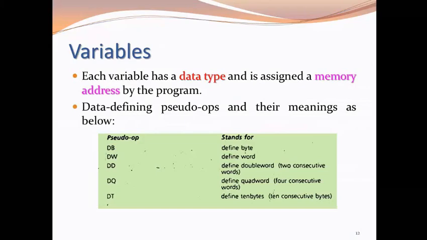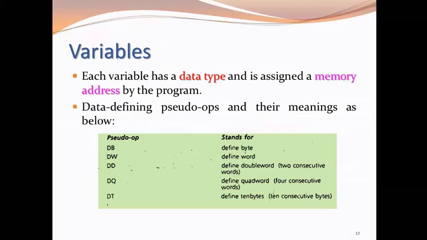So look here: a variable has a data type and is assigned a memory address by the program. What are the data types in assembly language? That we are going to see very soon. First of all, as I said, in C and C++ you are assigning the data type for the variable.